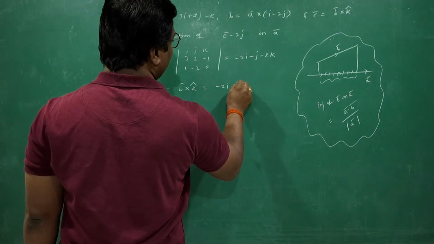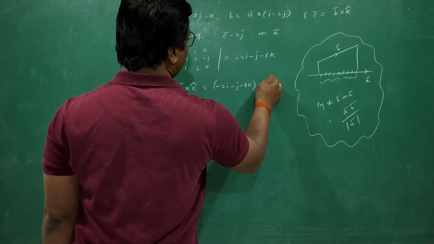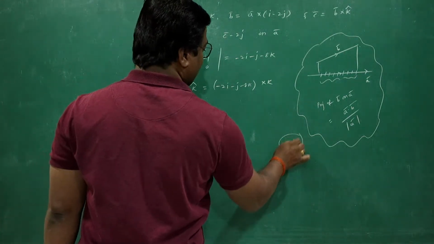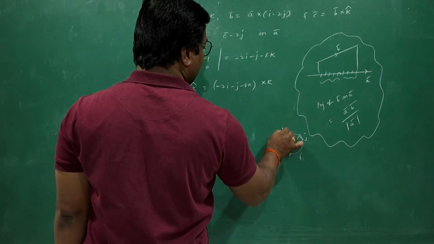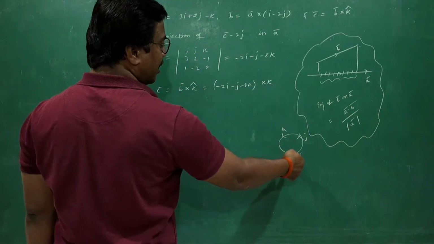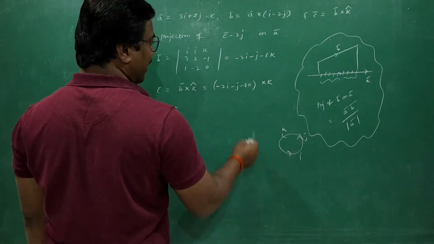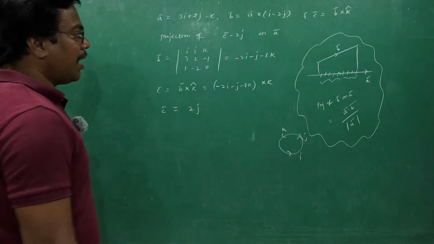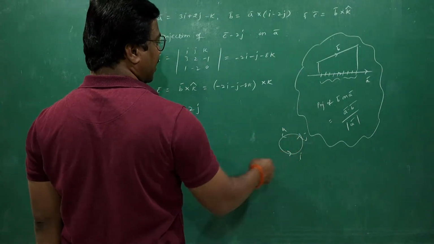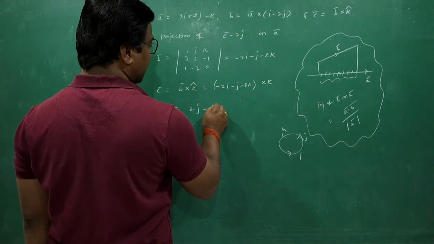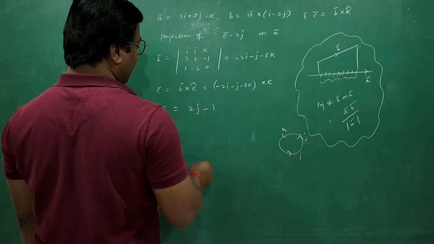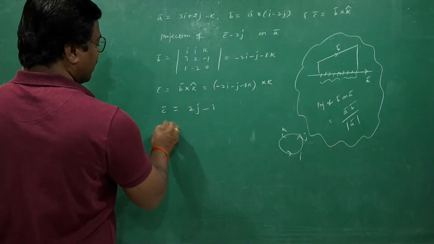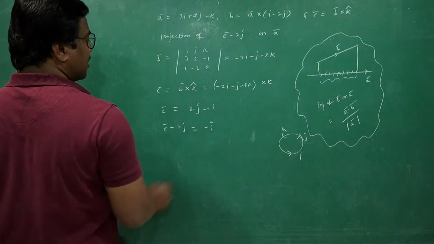B, minus 2i minus j minus 8k, cross product with k. Therefore C vector becomes: i cross k is reversed, so minus sign, 2j you will get. Next j cross k is i, so minus i. Next k cross k is 0 bar. So C bar equals 2j minus i. Next C minus 2j becomes just minus i.